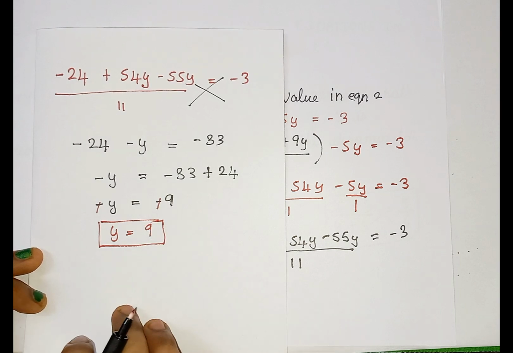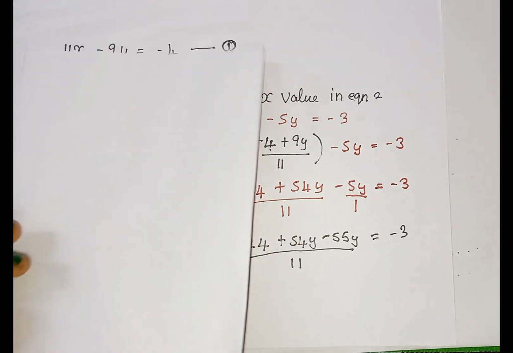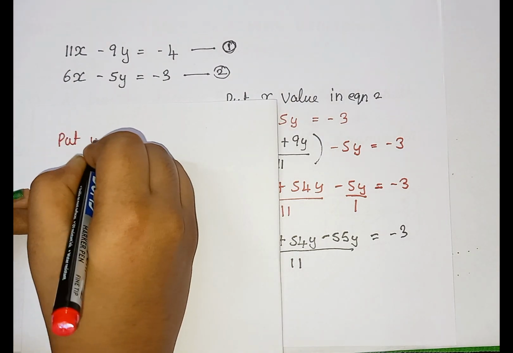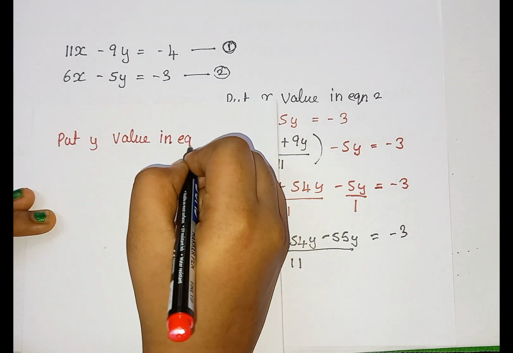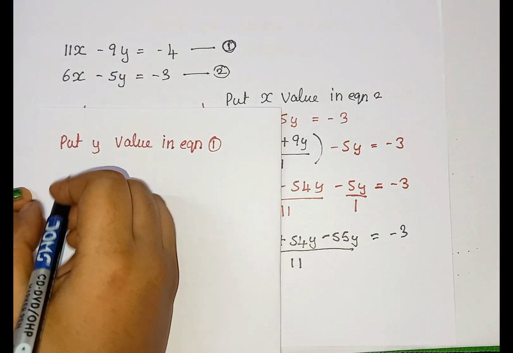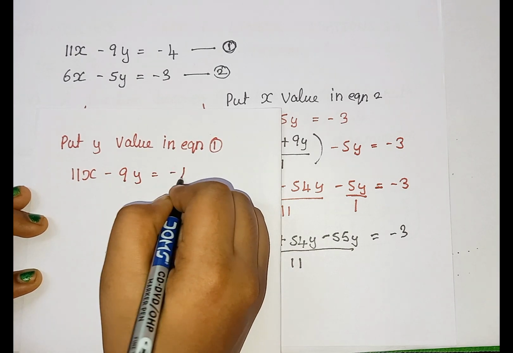Okay, so now we are supposed to put the y value in equation number 1. So I'll write: put y value in equation 1. What is equation number 1? 11x minus 9y is equal to minus 4.